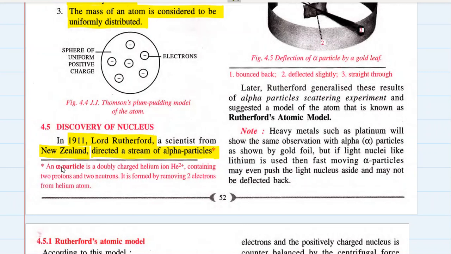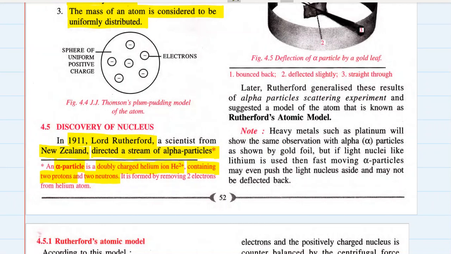Now, what is an alpha particle? An alpha particle is a doubly charged helium ion containing two protons and two neutrons only. It does not have any electrons. So it is basically a helium nucleus.